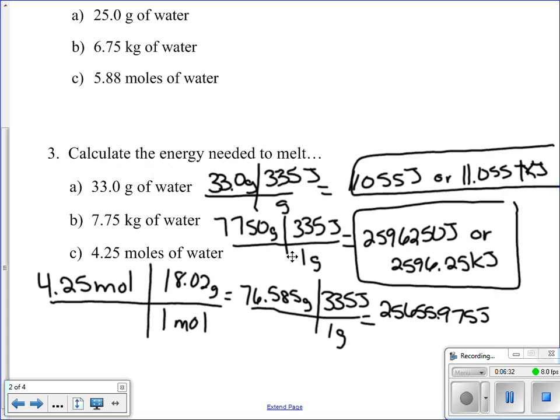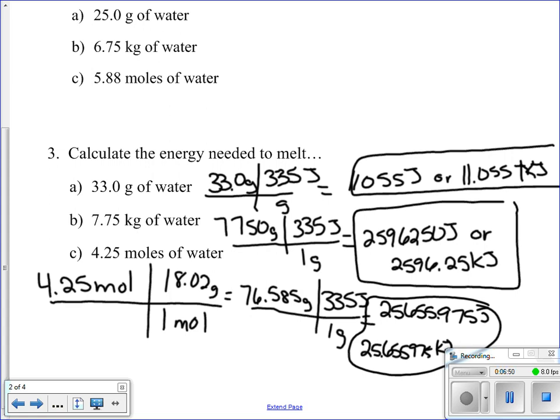And then to put that in kilograms, we end up doing 25.655975 kilojoules. All right.